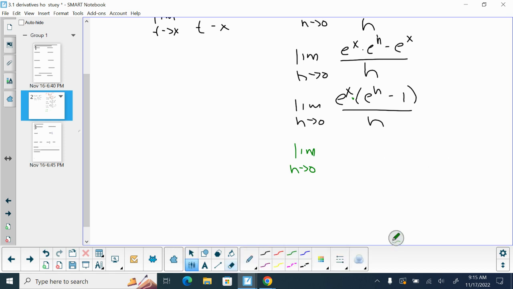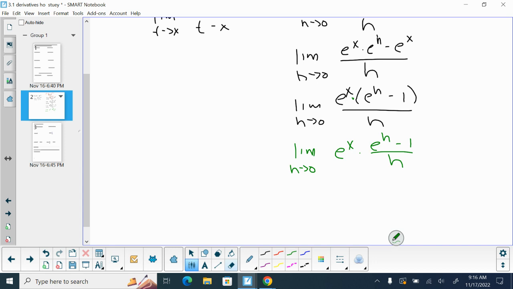We can write this as e to the x times e to the h minus 1 all over h. So what I've done is I've separated these two, and I just wrote this by itself.